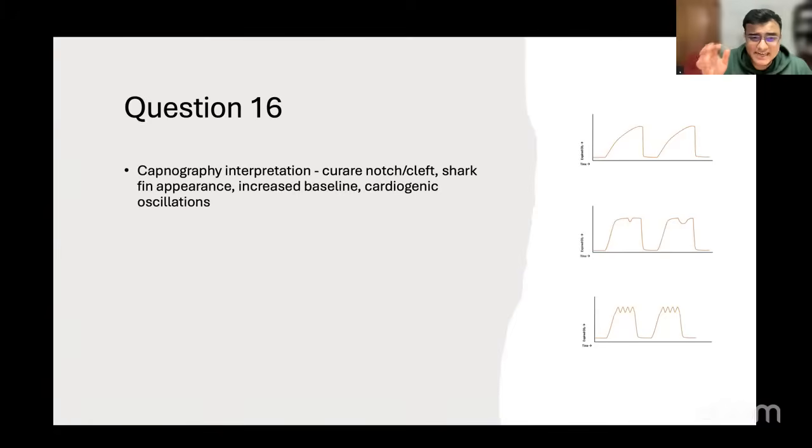The one in the center is curare cleft. When a person is waking up from paralysis and trying to breathe, they will take in some of the breath, so some of the flow will be taken off from the ventilator circuit, and that will look like a dip during expiration. That is known as curare cleft.